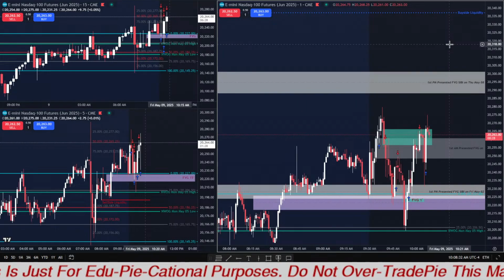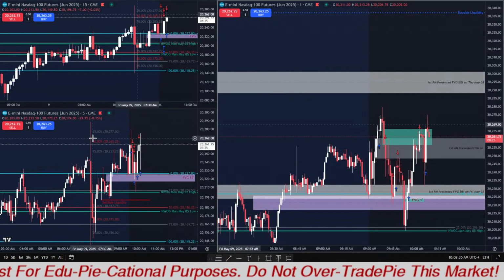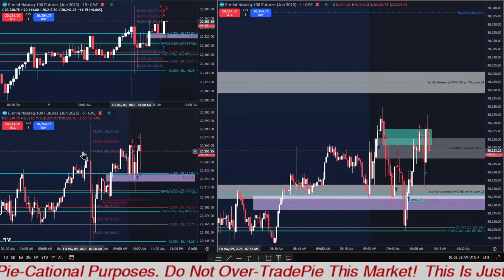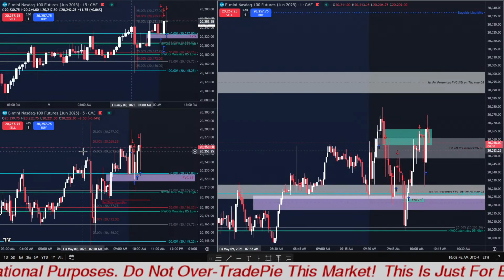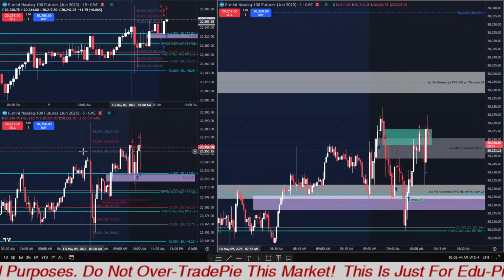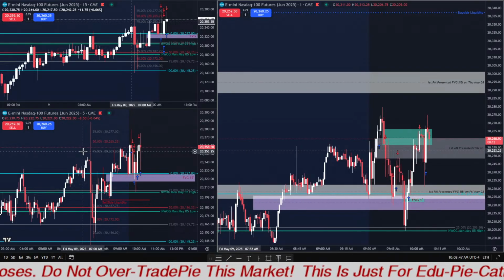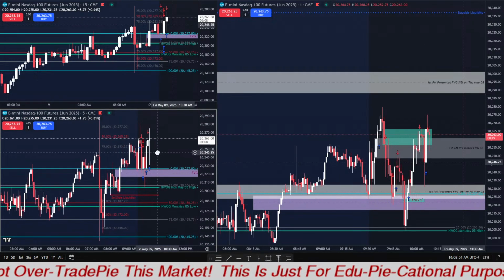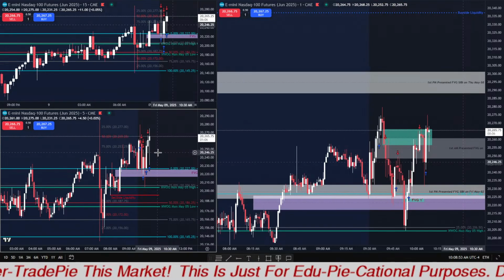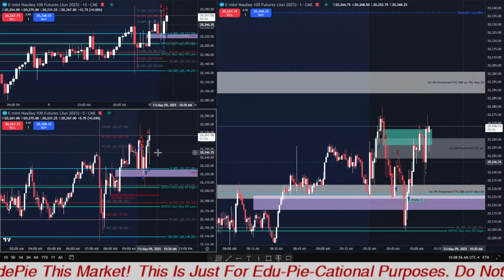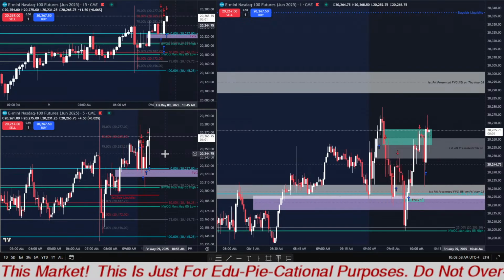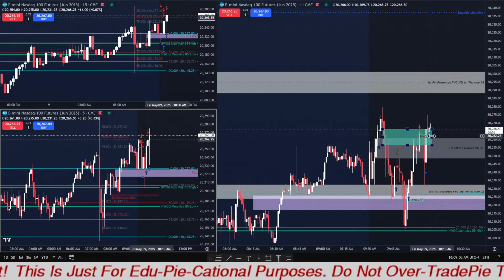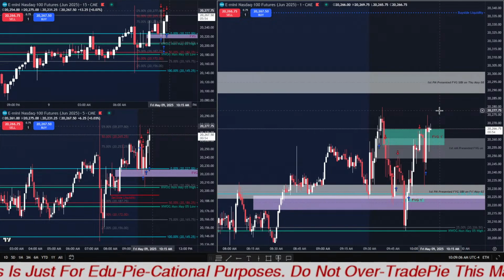Now we are trading below the 50% of this week, and let's see what the market is doing over here. You can see the bodies of these candles are respecting this fair value gap.